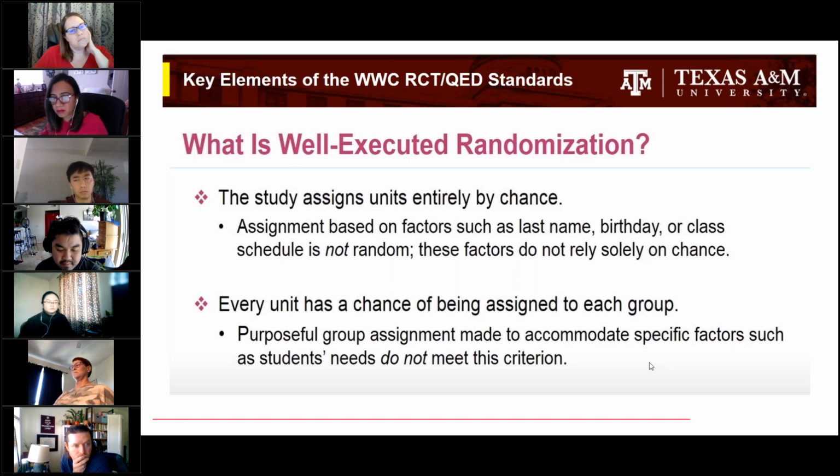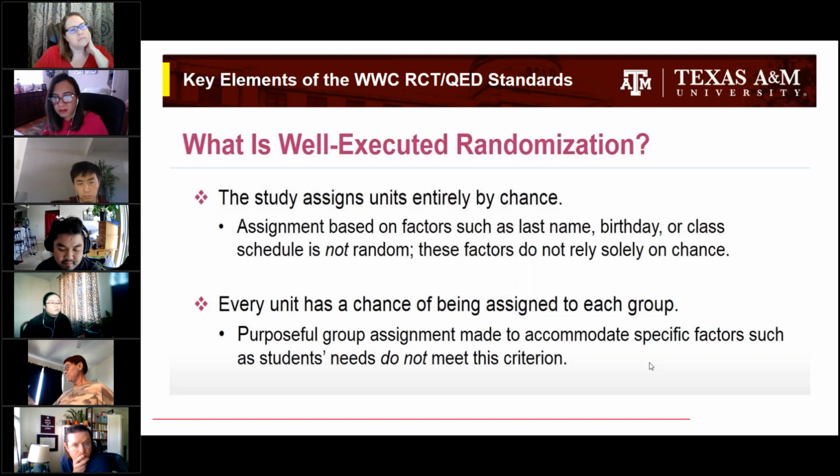So is that a problem? Does cluster randomization impose more risk of bias compared to individual randomization?